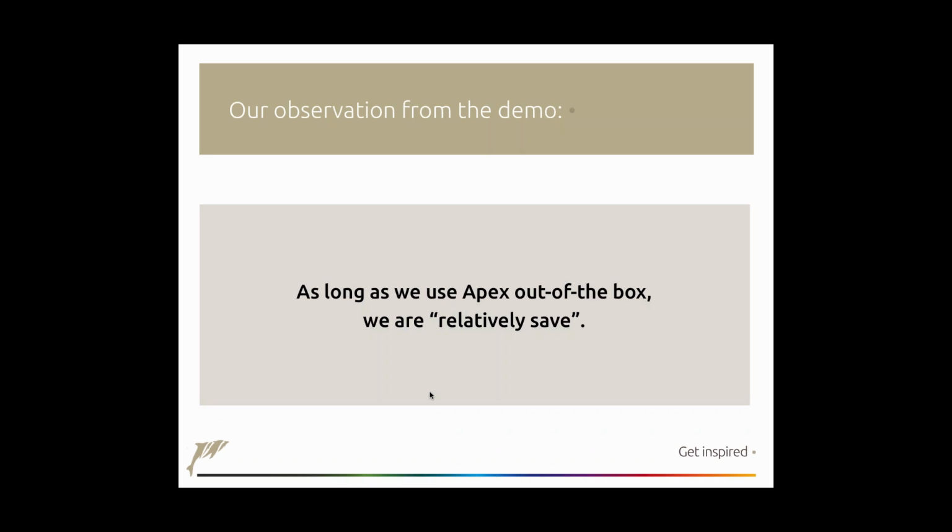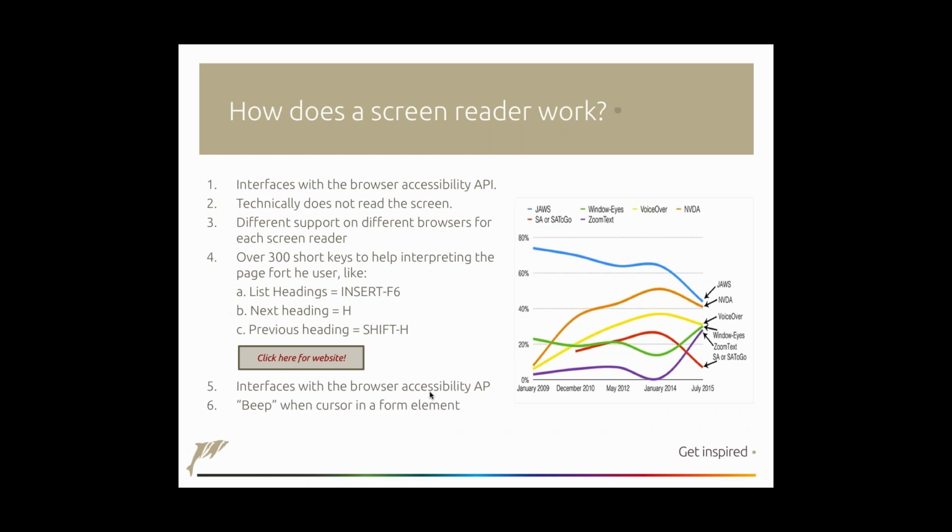So I think we can say that as long as we use Apex out of the box, except for the button I showed in the upper left corner for expanding and collapsing the menu, and for the links on the report, the screen reader was not giving any wrong information. So as long as we use Apex out of the box, we are relatively safe that the screen reader will work with the application.